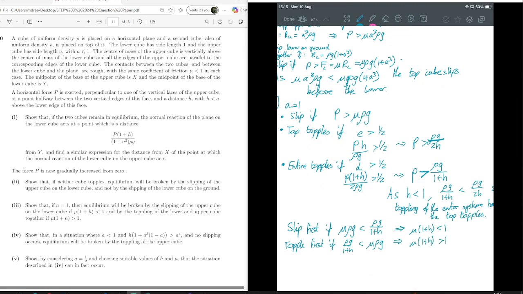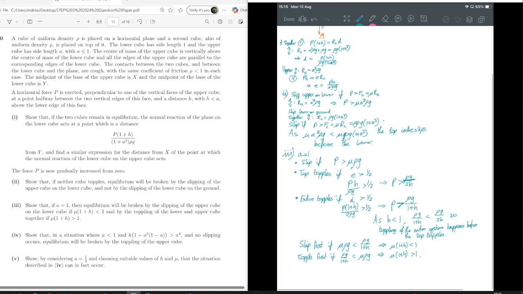So this thing is greater than 1. Lovely. And that's exactly what part 3 wanted of us. Now, in part 4, show that in the situation where A is less than 1 and that nonsense holds and no slipping, equilibrium will be broken by toppling of the upper cube.